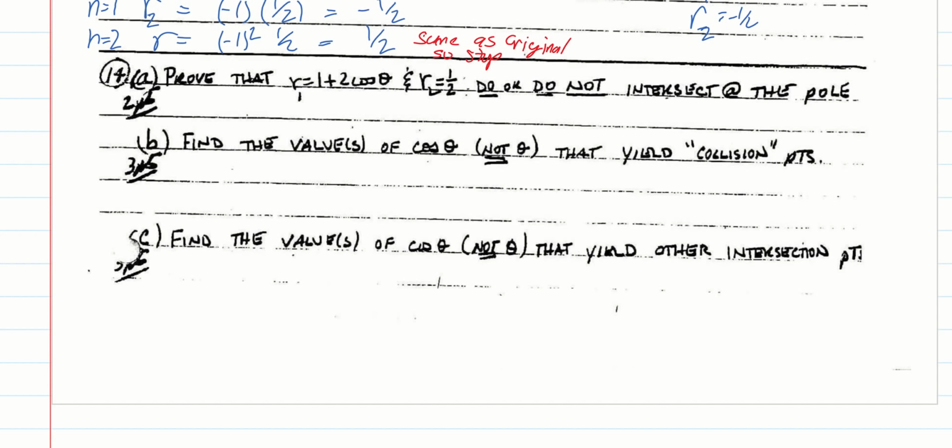We have to set r equal to 0 because at the pole we have to be at the origin, which means r has to equal 0. When I set r1 equal to 0, 1 plus 2 cosine theta equals 0, which implies theta equals cosine inverse of negative 1/2, which is plus or minus pi over 3.